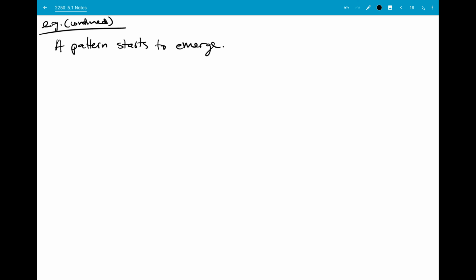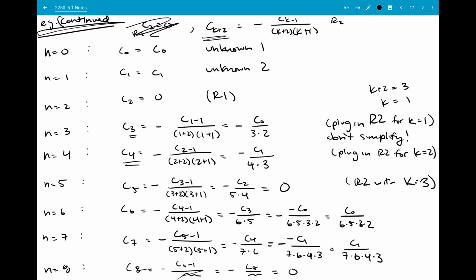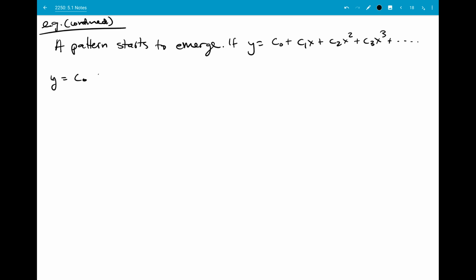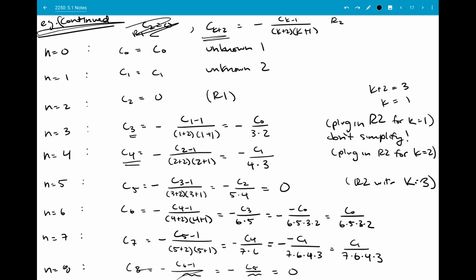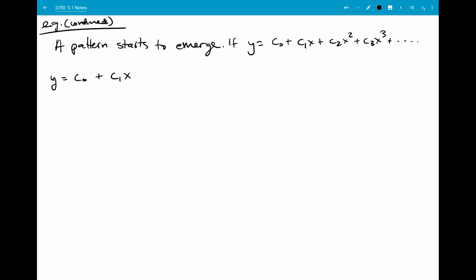And that pattern tells us that if y we said was equal to C0 plus C1x plus C2x squared plus C3x cubed, and so on and so forth, then y is equal to C0, so we leave that as it is, plus C1 times x, C1 is just itself, so we leave it as it is, plus C2 times x squared, that term goes away because C2 was 0.